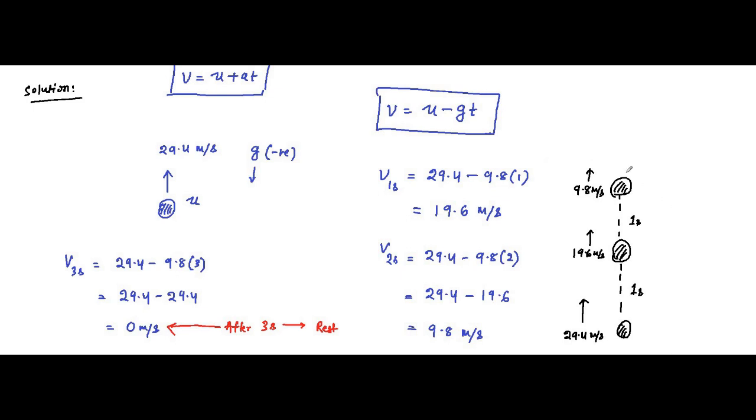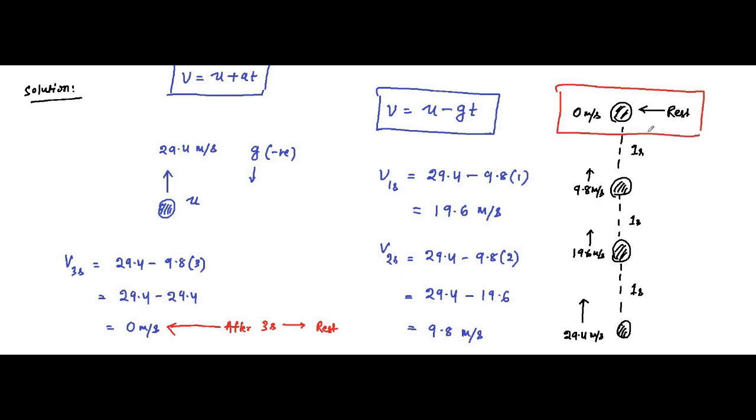Then again after 1 second it finally came to rest. Totally after 3 seconds it comes to rest, 0 meters per second. This is the position where it comes to rest.